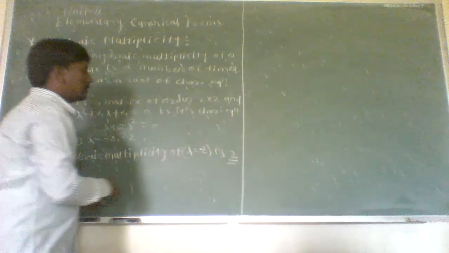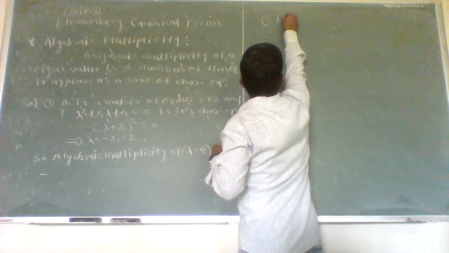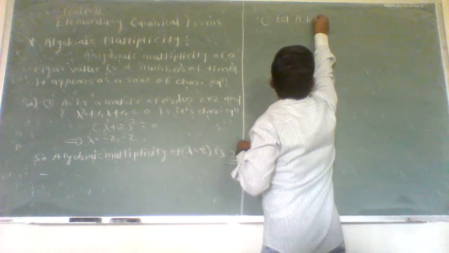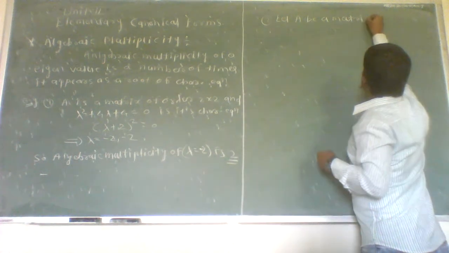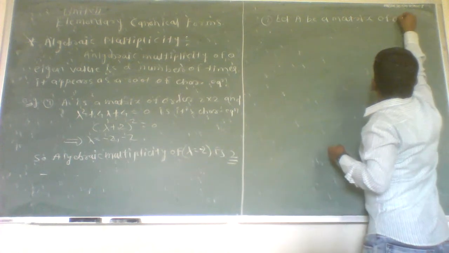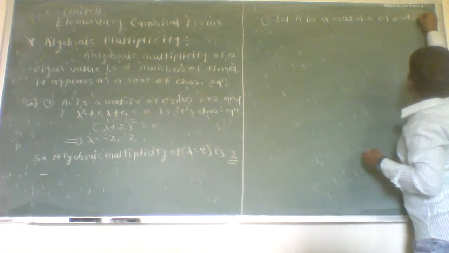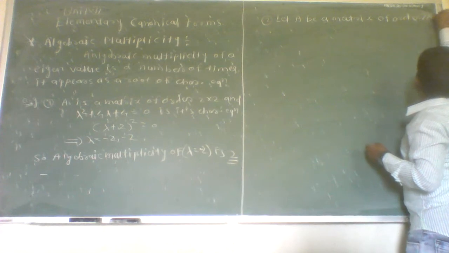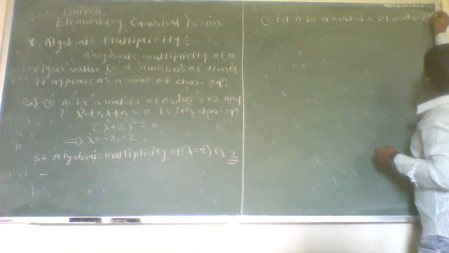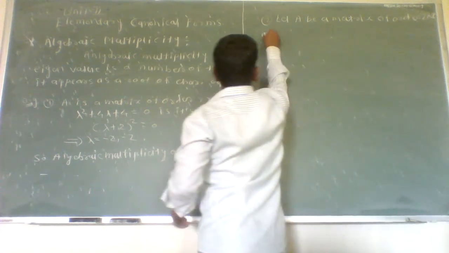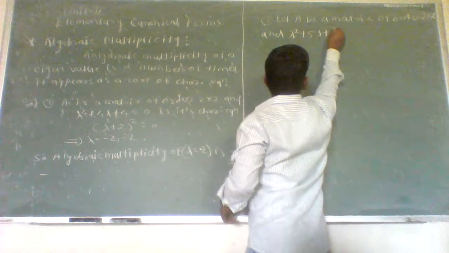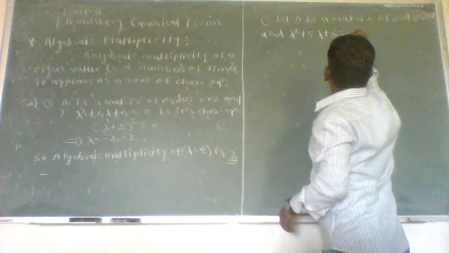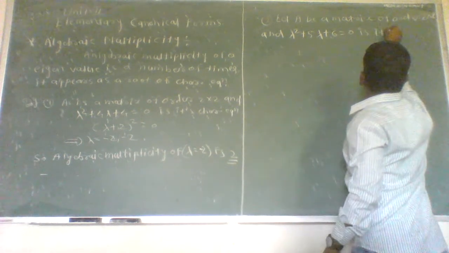Okay. Now, the second example is, let A be a matrix of order 2 cross 2, that is, it is a square matrix of order 2, and lambda square plus 5 lambda plus 6 equal to 0 is its characteristic equation.